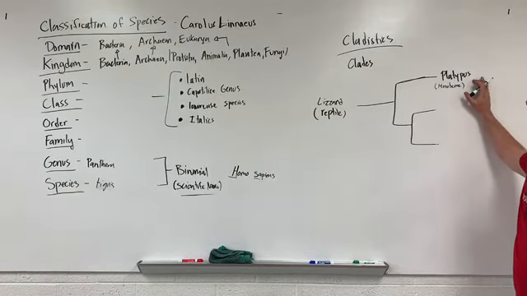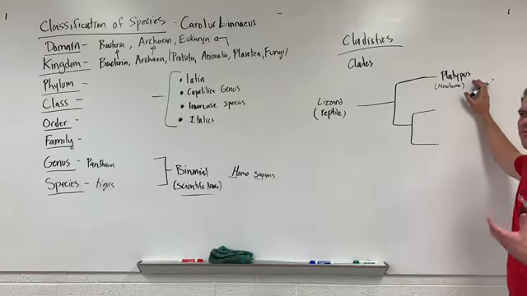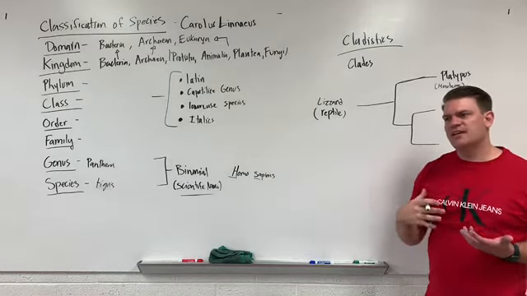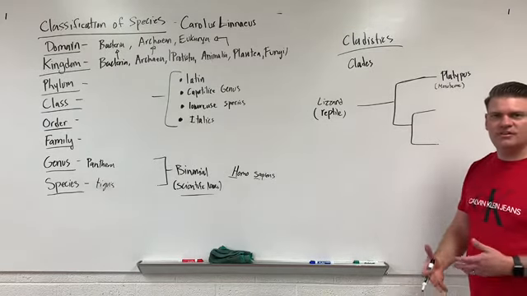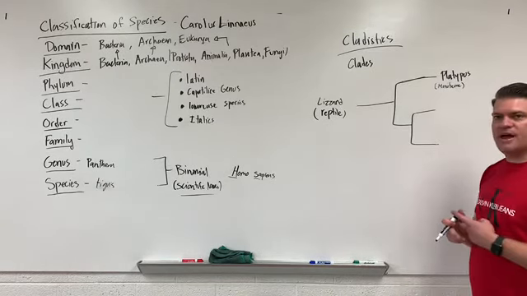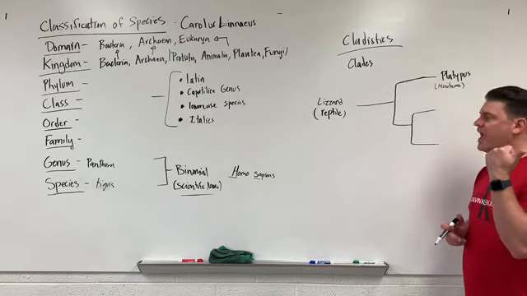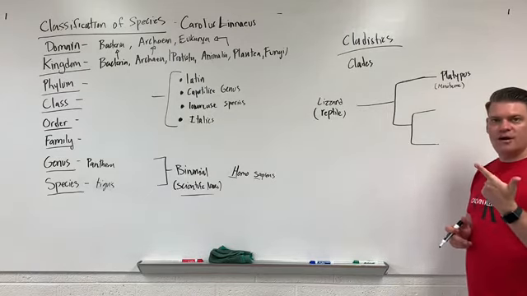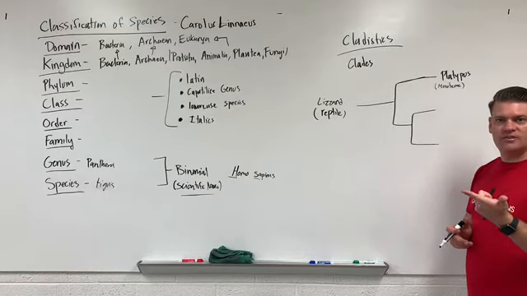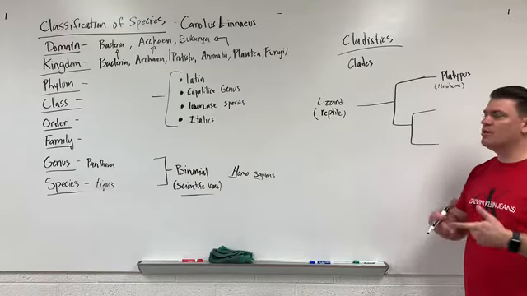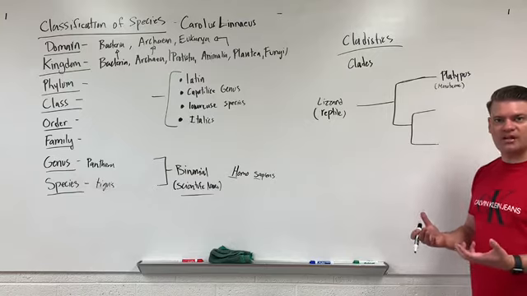They still lay eggs. So you're probably wondering, wait, I thought the reason mammals are mammals is because they don't lay eggs. No, the thing that makes mammals mammals is two things: they have hair on their body and they feed their young milk. So they have mammary glands. That's where the word mammal comes from, mammary glands.